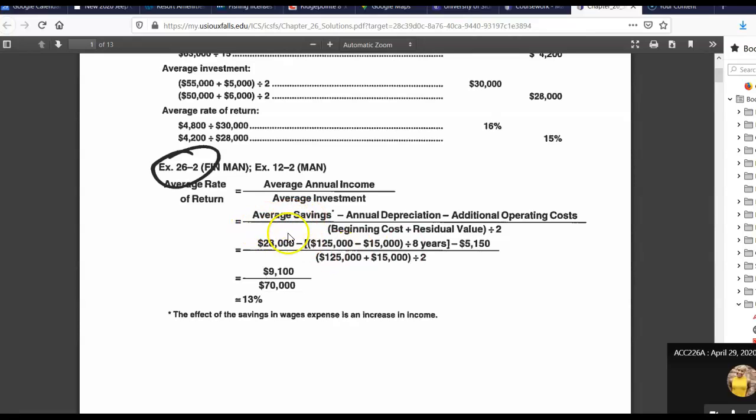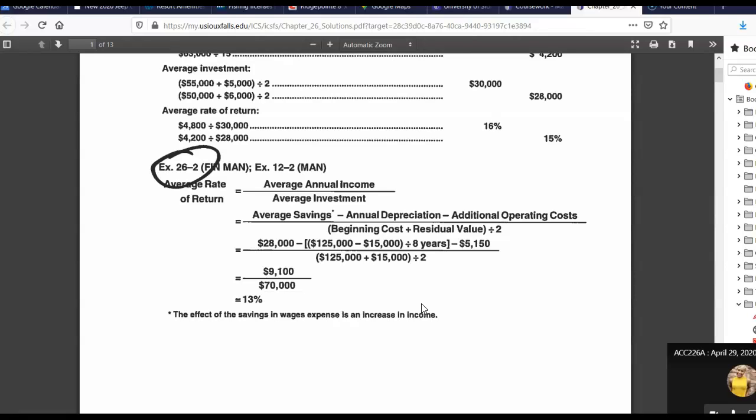So it's not all savings, not all 28. And then we divide that by the average investment. Notice here, 125 plus 15 divided by 2. So we're looking at an average rate of return of 13%.